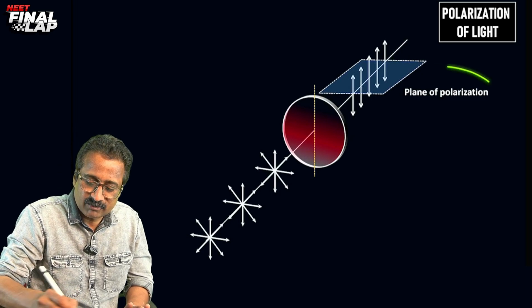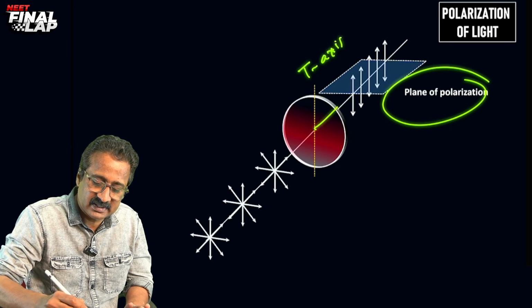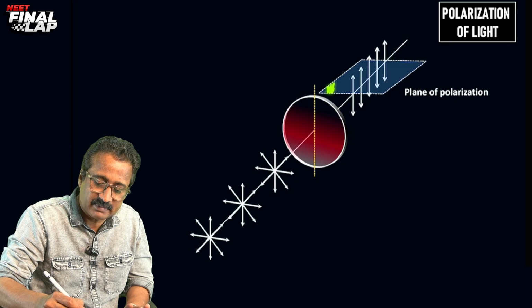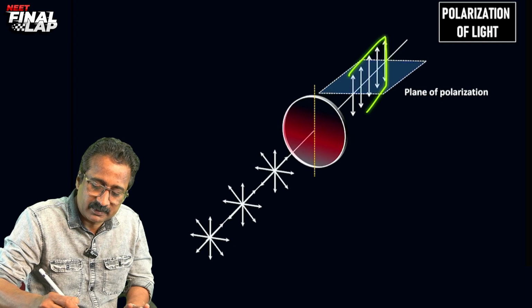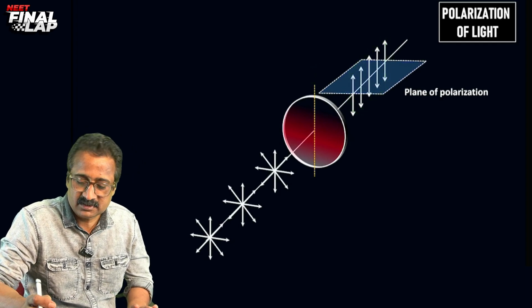Obviously, this plane of polarization will be perpendicular to the t-axis because this is a t-axis. So you can see that the t-axis is perpendicular to this plane. This imaginary plane, I think it is visible. Yes. Our imaginary plane is perpendicular to the transmission axis. Okay, so these are certain terms.